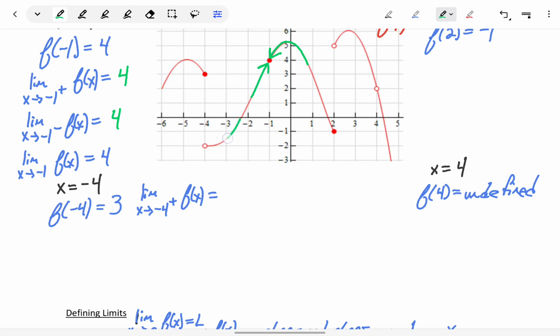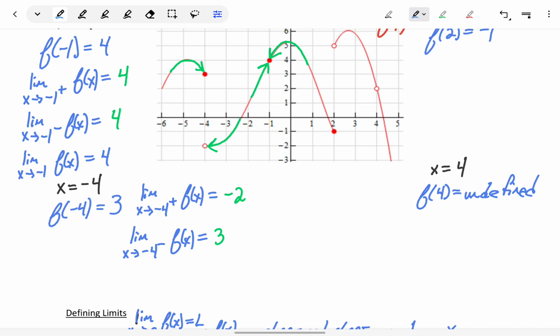So as we approach -4 and we're tracing along from the right-hand side, we're approaching a function value of -2. As we consider the limit as x approaches -4 from the left-hand side, again, we see we're approaching that function value of 3, like we talked about before.